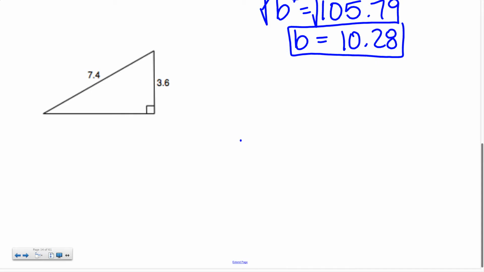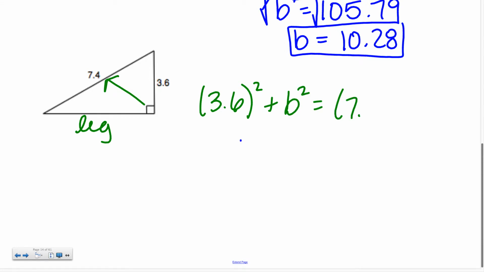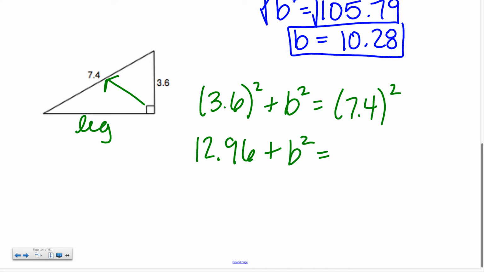The last one works the same way, because I've already found my hypotenuse, so I need the other leg. Alright, so simplify. I'm going to subtract 12.96 from both sides and get b squared by itself.